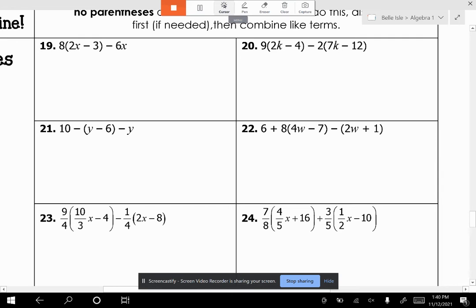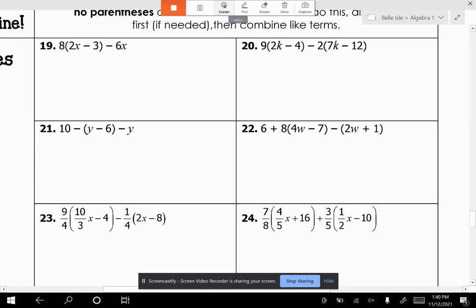So number 19, we have a distributive property example, with other components. So do distributive property and then combine like terms. Go ahead and try number 19 on your own.